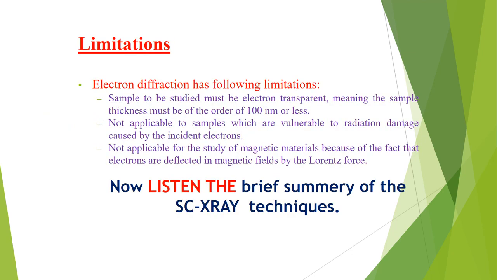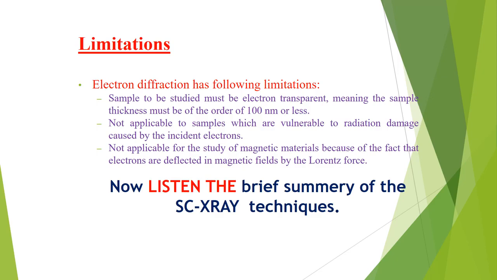Dear student, as we know, we have started this single crystal X-ray diffraction technique from the X-ray sources, and we know that X-rays were discovered by the scientist Röntgen, who was awarded the Nobel Prize in Physics for the discovery of X-rays in 1901.